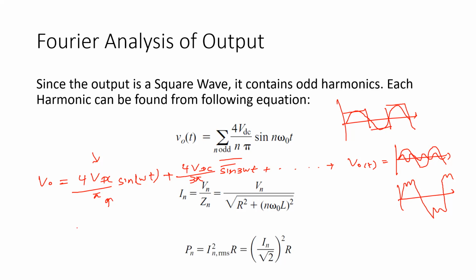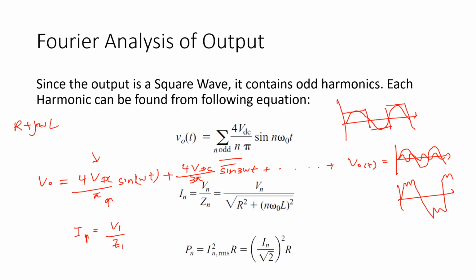Then In means the current harmonics. The first, the fundamental, will be I1, so we can take V1 over Z1. Z here, if it is resistive, will not change. But if you have a load like R plus j omega L, then omega will change depending on this n, so this is n omega actually.